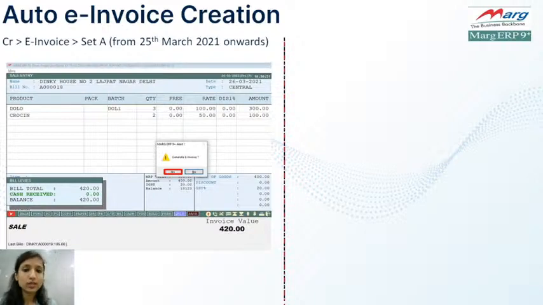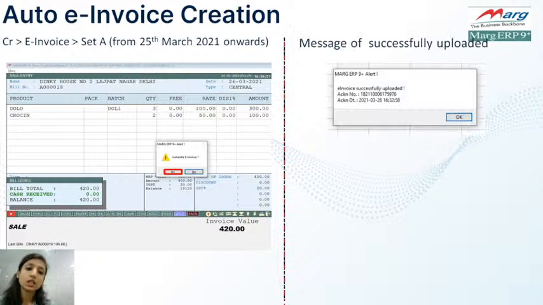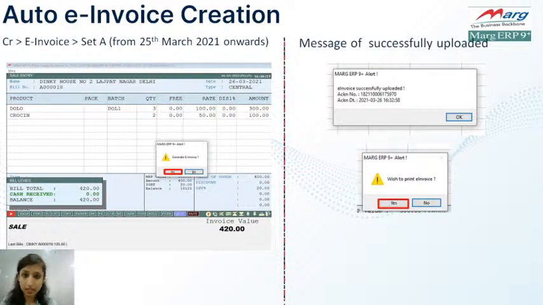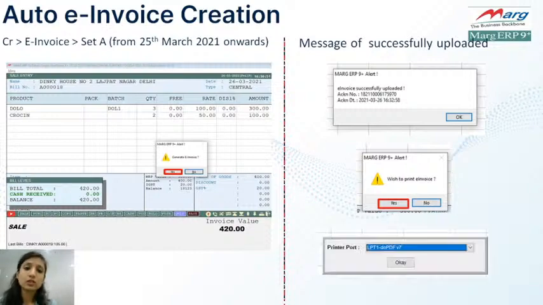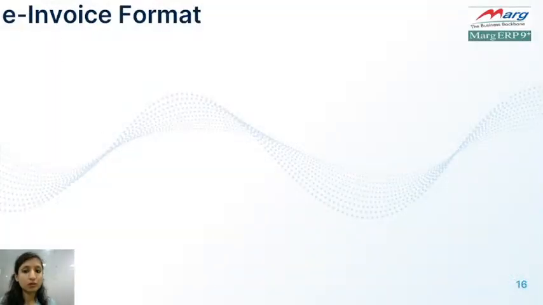So you need to select yes, and then the software will create the e-invoice successfully and will give you the alert. Thereafter, the software will give you the complementary solution. If you need to print your invoice, you simply press yes, and the software will print your e-invoice.